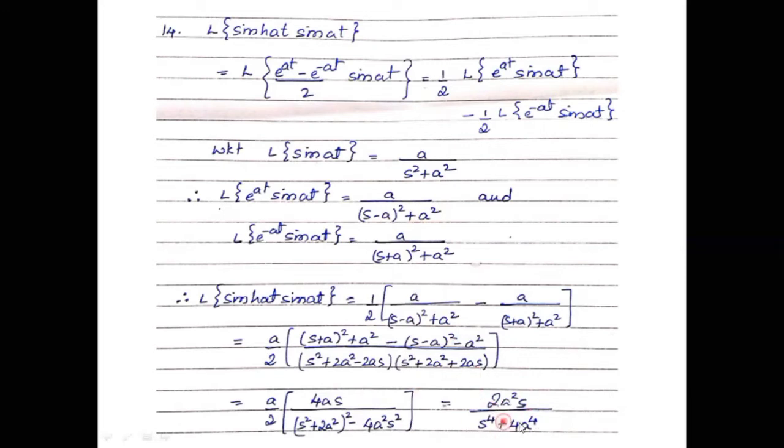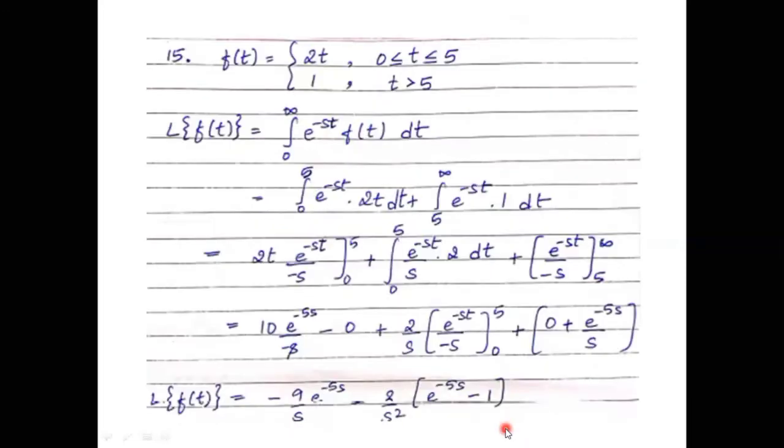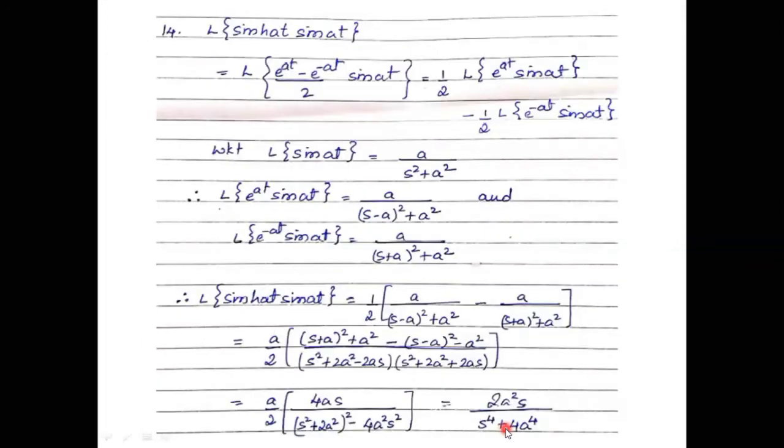Final answer will be 2a square s by s power 4 plus 4a power 4. Here I have just used the formula of (a minus b) whole square and (a plus b) whole square. After expanding and solving, we'll be left with only 4as. So this is the final answer.